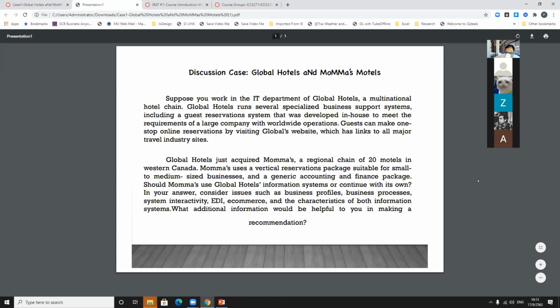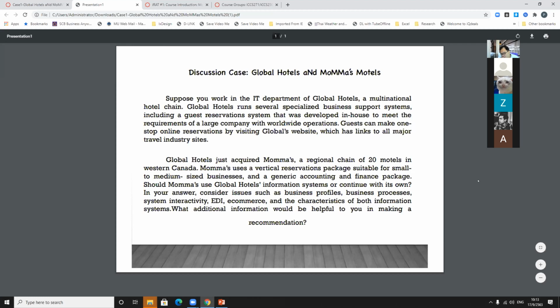Okay, we were discussing, and we think that the Mama Hotel, as it's smaller, they have a smaller system that covers local places in Canada. They should change the system to be compatible with the global hotel, because transferring information between two systems then wouldn't be so difficult.